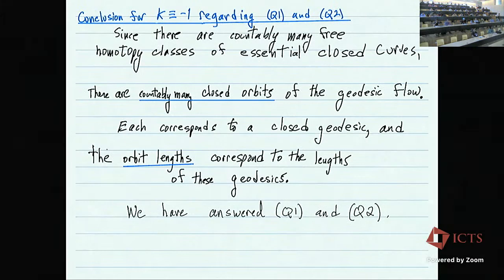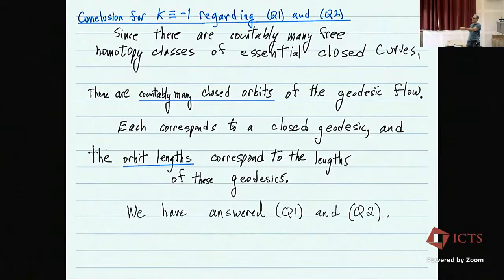Okay, so what's the conclusion for constant negative curvature now regarding questions 1 and 2? So we found that there's countably many closed orbits under the geodesic flow, okay? So that's question 1. And their orbit lengths correspond to lengths of geodesics. So that's question 2.